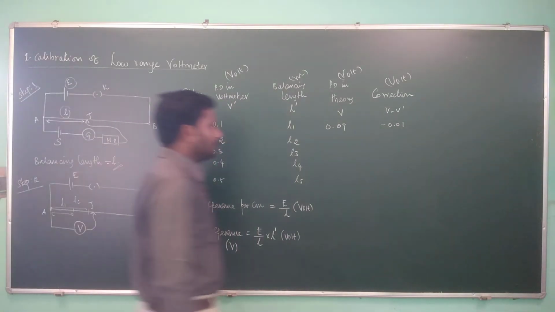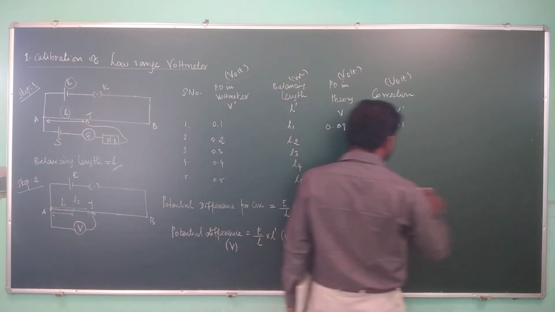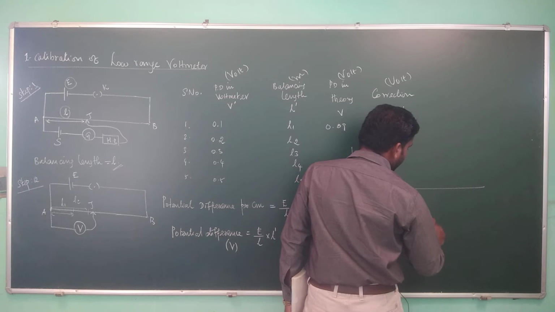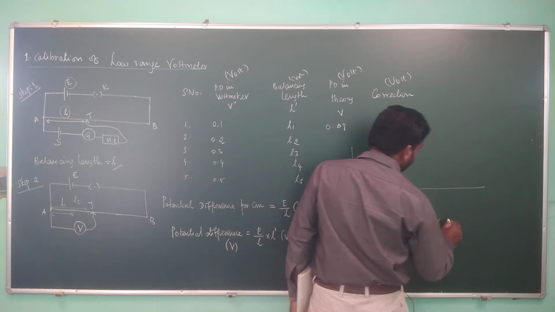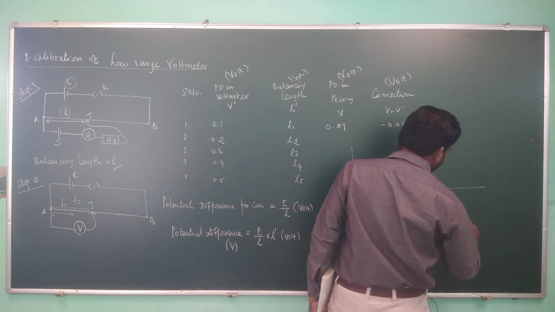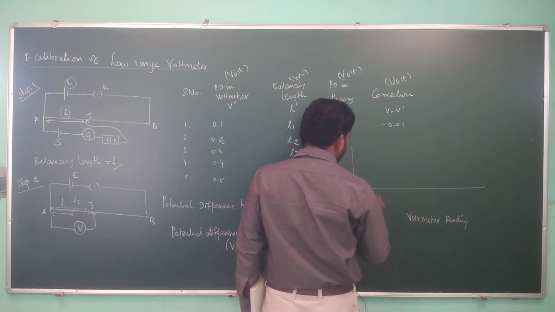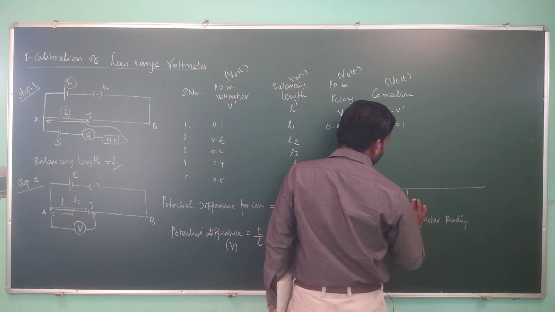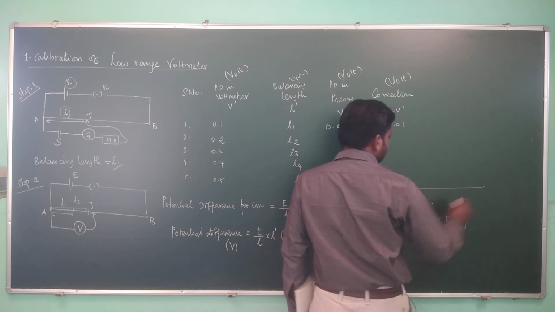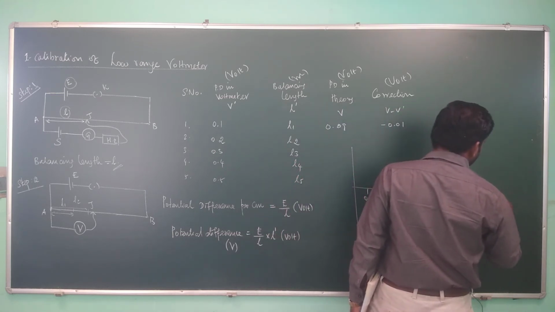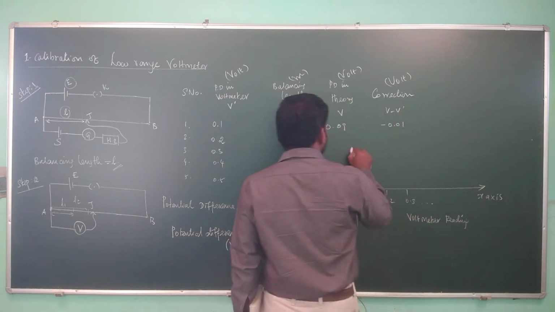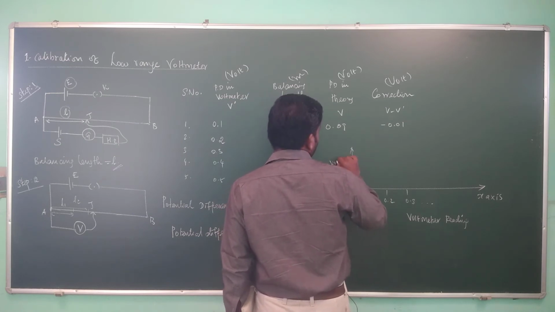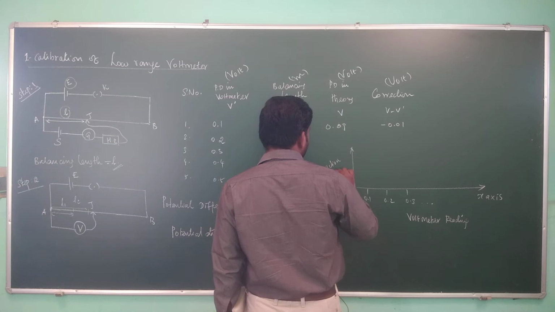Now we can draw the calibration graph like this. On the x-axis, the voltmeter reading, which will be 0.1, 0.2, 0.3 and so on. On the y-axis we have the correction, that is V minus V prime.